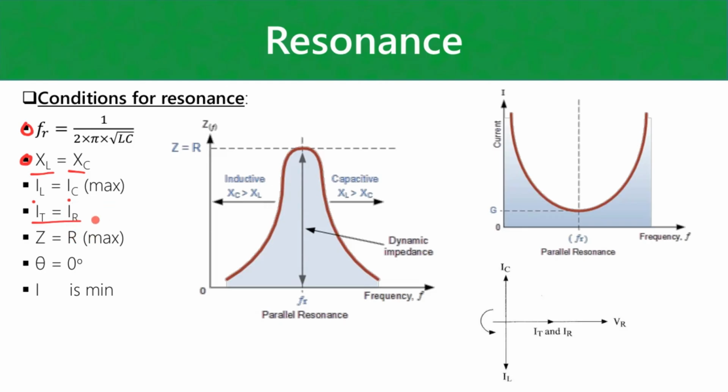In this case, your current is going to be a minimum because your impedance is going to be a maximum. So your impedance increases, and by default your current decreases. Again, phase angle is going to be 0 degrees, which also implies that your power factor is going to be 1.